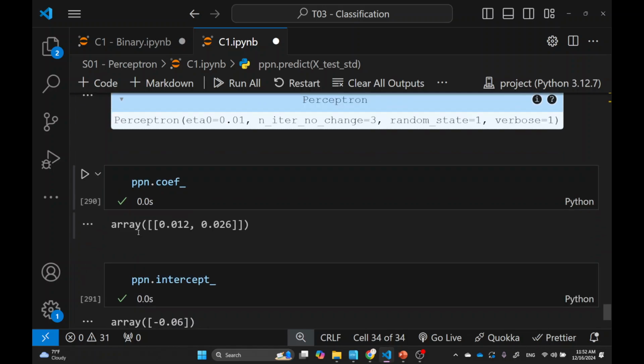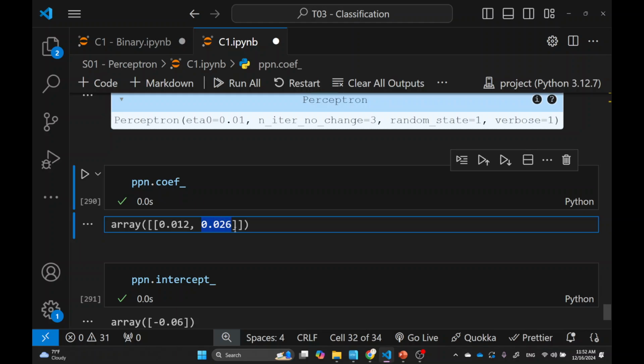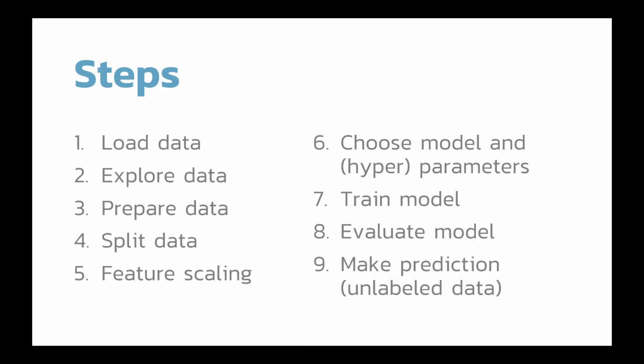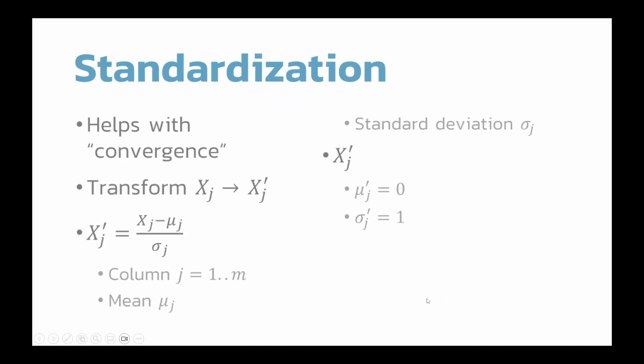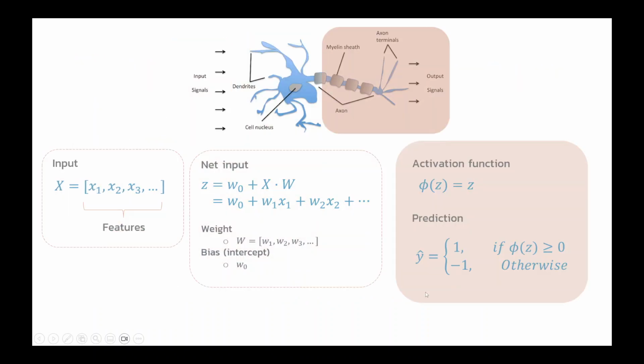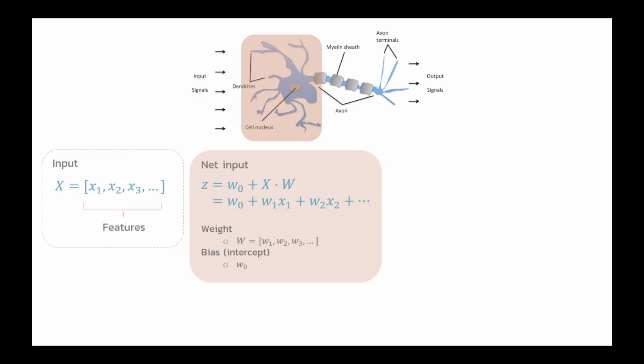Okay, this one is W1, this one is W2, and where is it? It's actually here. If I go to my model, this guy. It's W1, W2, so that's the coefficient, and the intercept is W0. But I get different values to you.